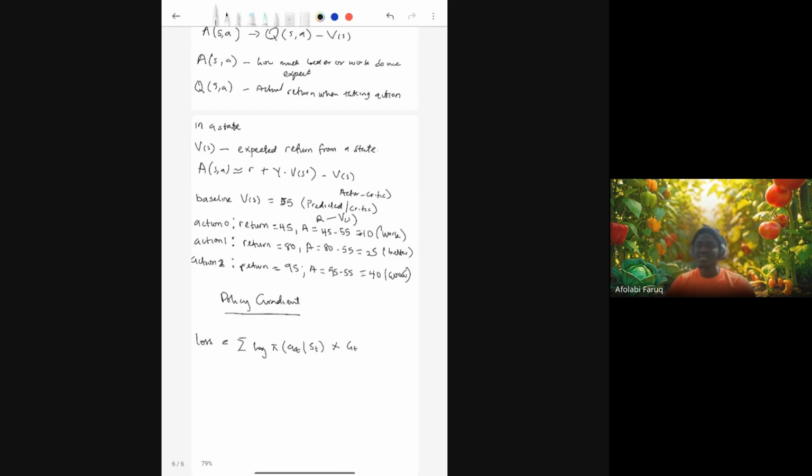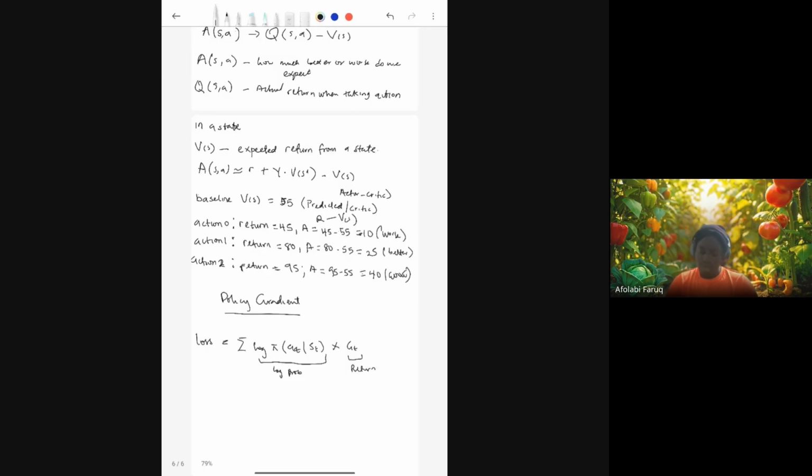What this means is that for each action taken, we multiply its log probability, which is this, by the expected return. We multiply the log probability by the expected return it produced, and then we sum all of them up.